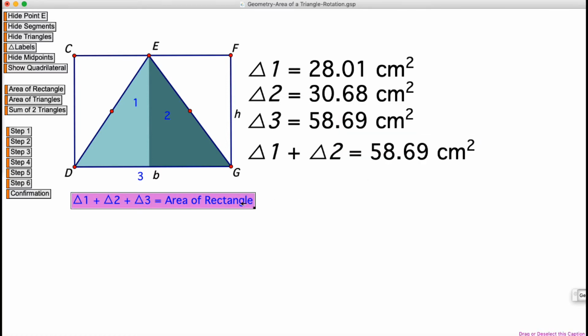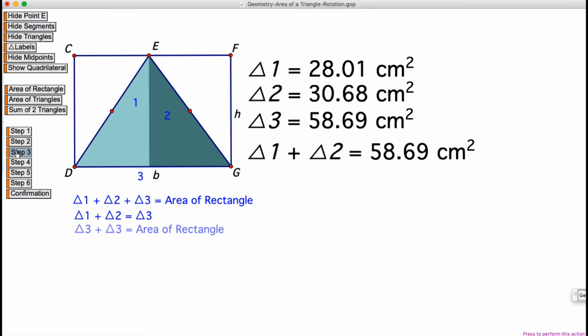Now that we have a little bit more information, we know that, again, the area of triangle 1 plus the area of triangle 2 plus the area of triangle 3 is going to be equal to the area of my original rectangle. Let's see, is there anything else we know? Well, we know that the area of triangle 1 plus the area of triangle 2 is equal to the area of triangle 3.